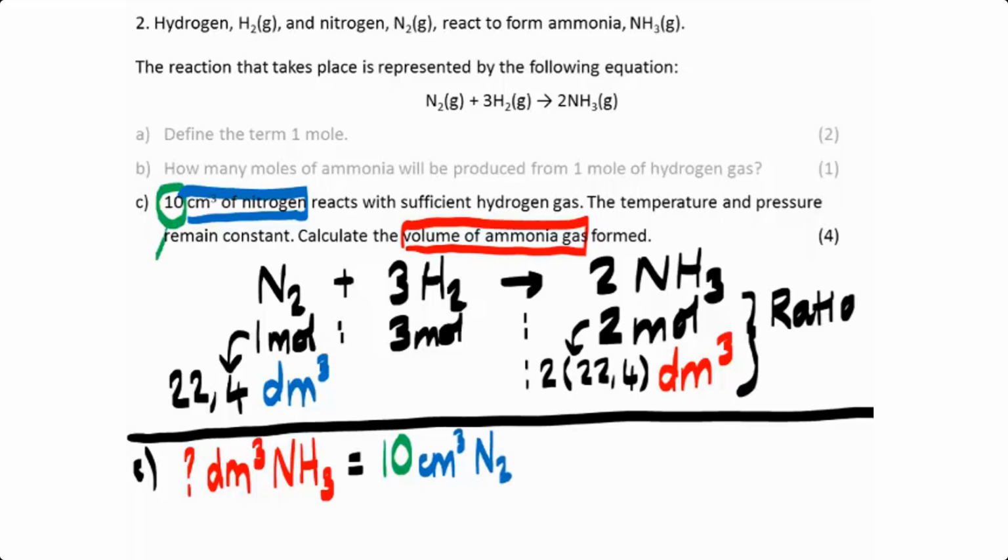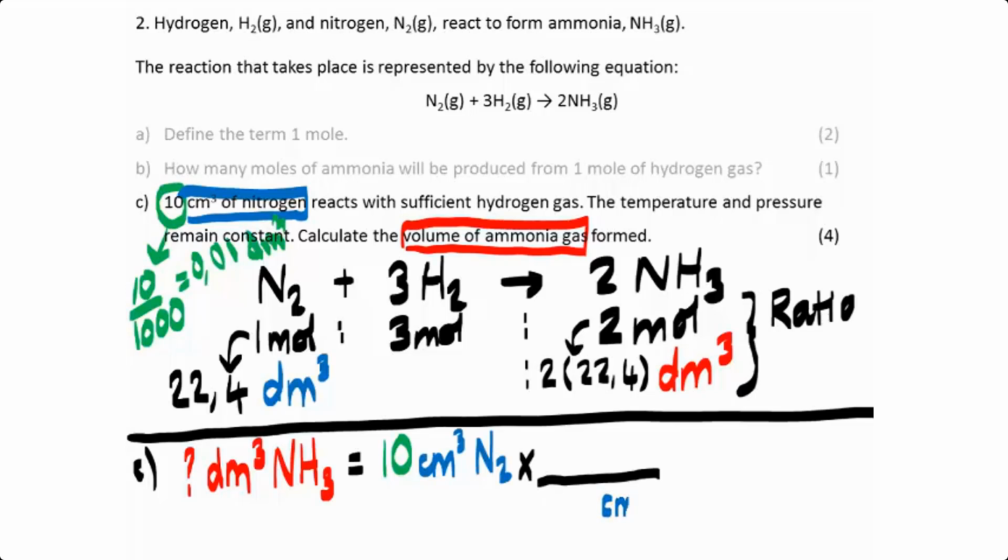So you could have just immediately divided 10 by 1,000 to convert centimeter cubed into decimeter cubed, which is 0,01 decimeter cubed. So then we could just straight away have written here 0,01 decimeter cubed. But maybe let's go the long way. So we need to multiply this by, actually in this case, 2 unit factors. One to convert from centimeter cubed to decimeter cubed. So let's start with that.